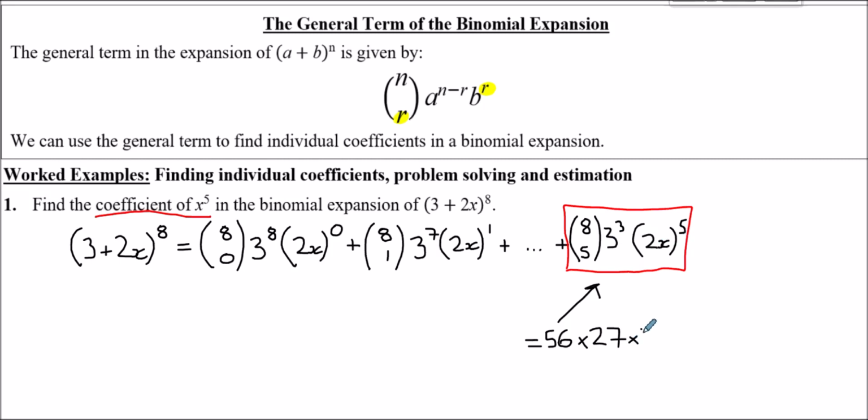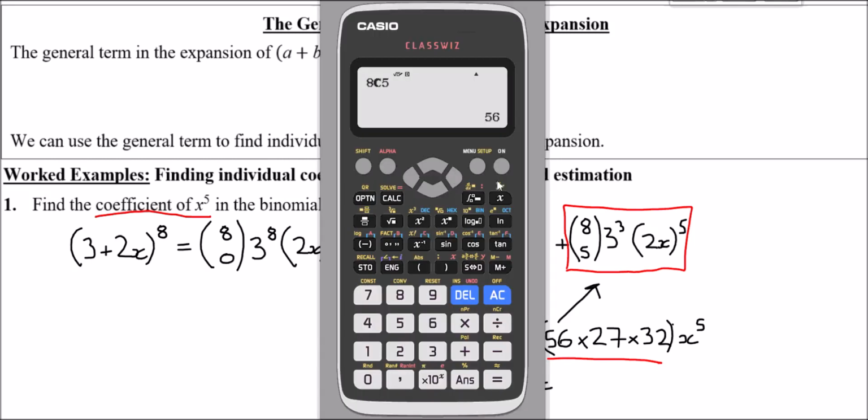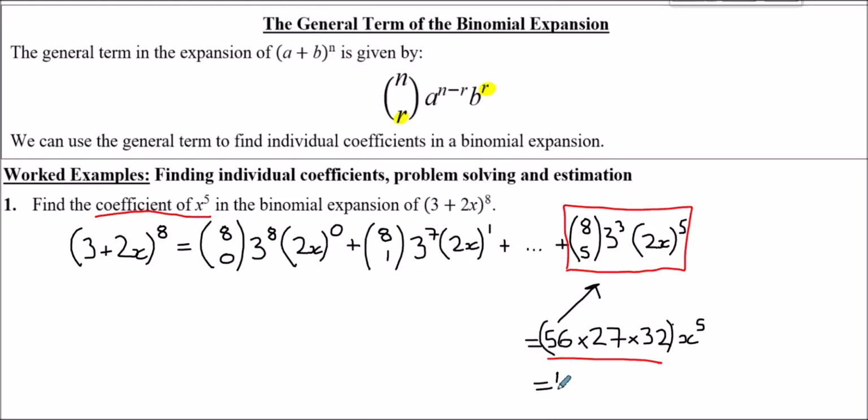And again, you could work this out on your calculator. So the coefficient of x to the power 5 is this thing here. So if we just compute this, we've got it. 56 times 27 times 32, it's going to be a big number. We're going to have 48,384.